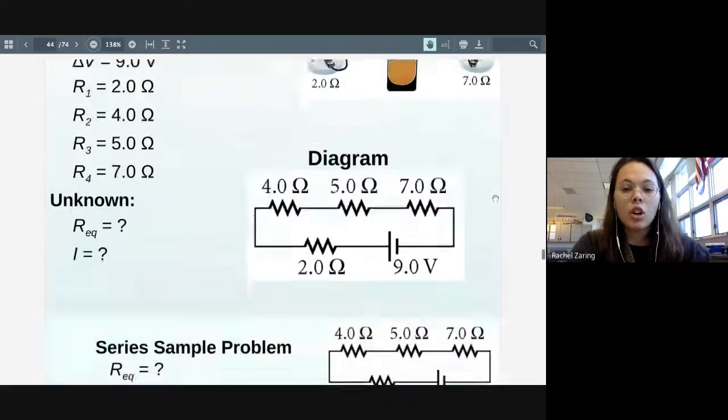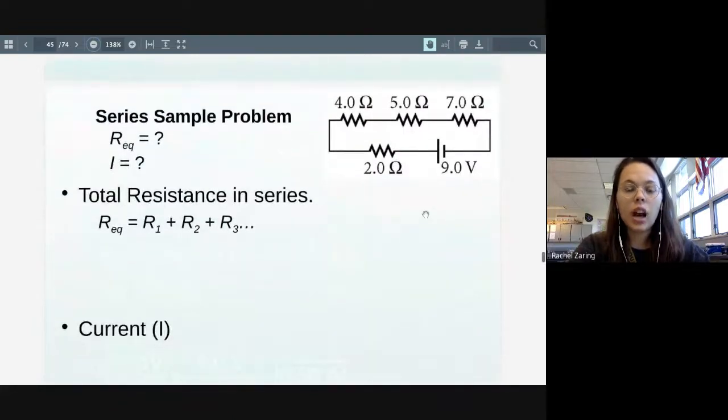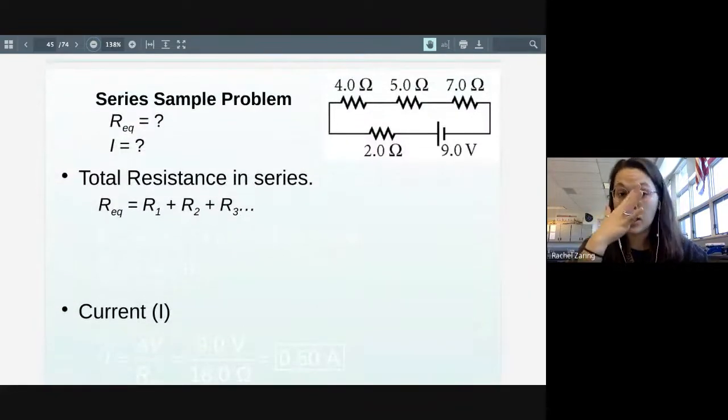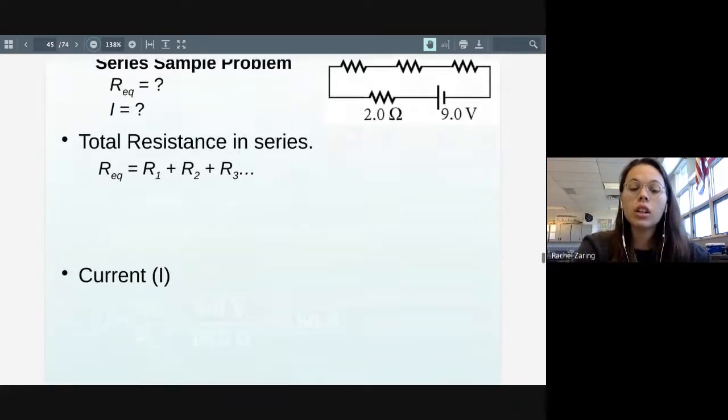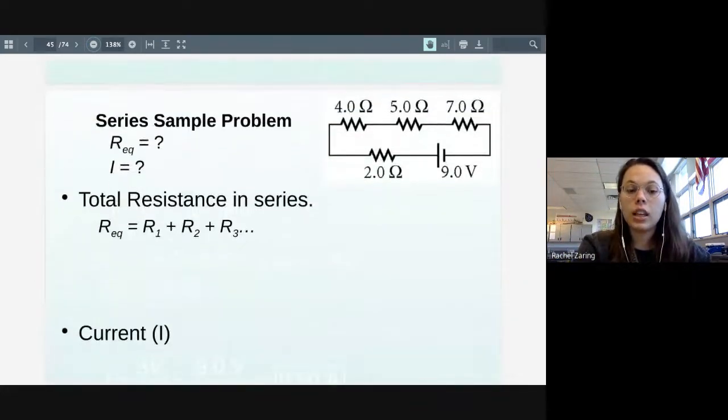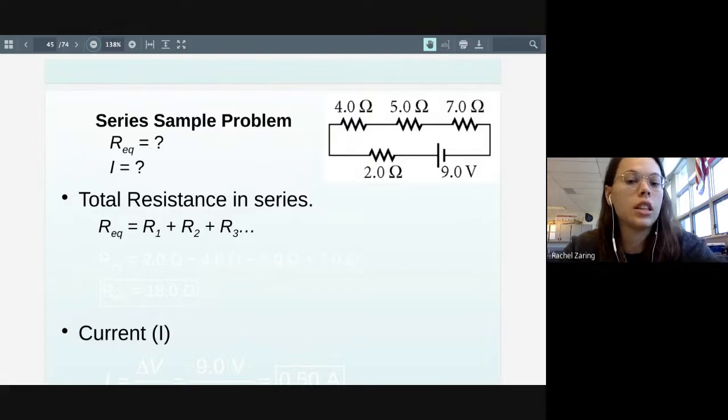Okay, so continuing on, the first part asks us to find the total resistance, or the equivalent resistance. So remember, equivalent resistance is going to be the resistance in 1 plus the resistance in 2 plus the resistance in 3.